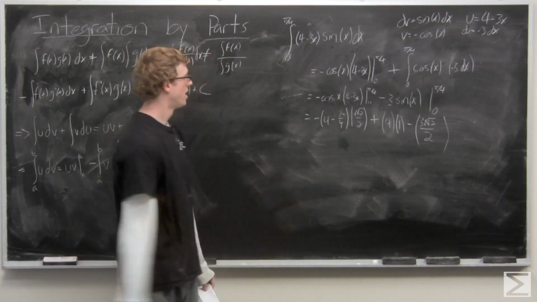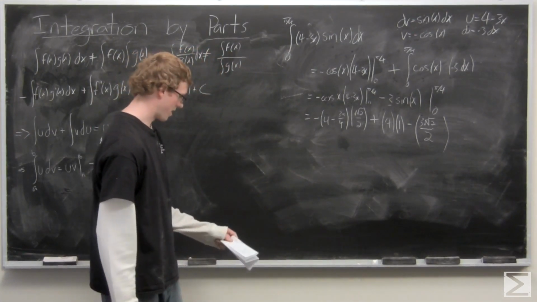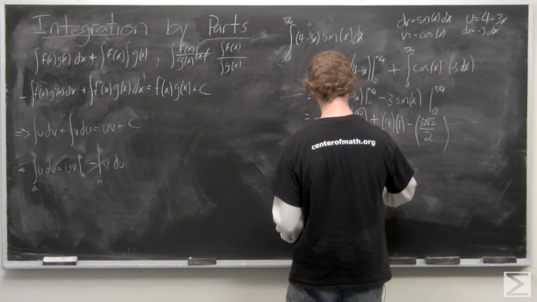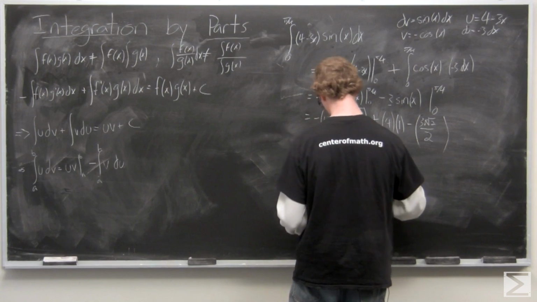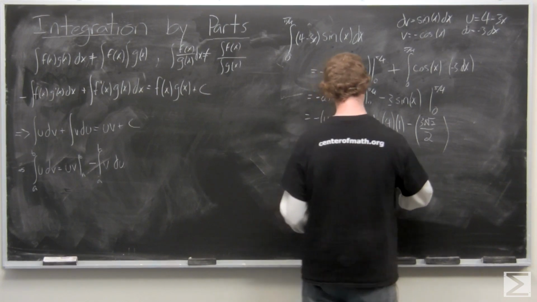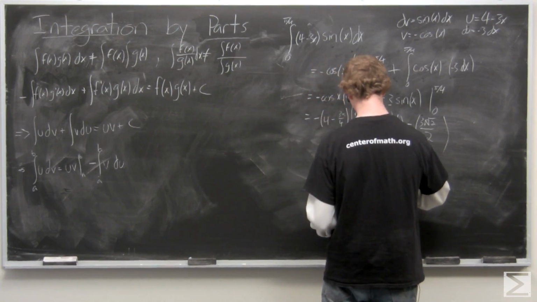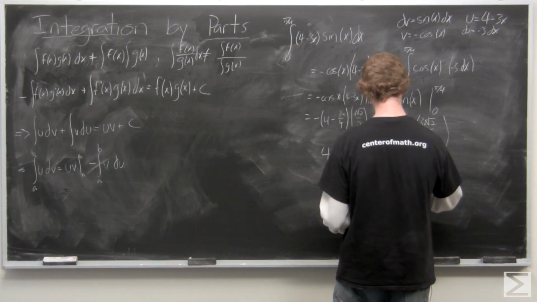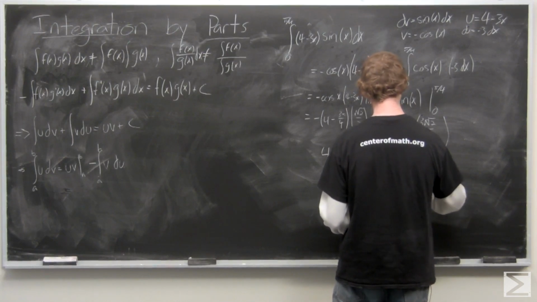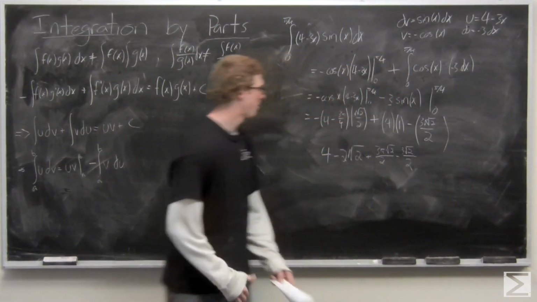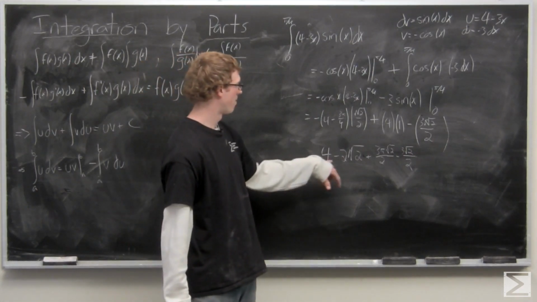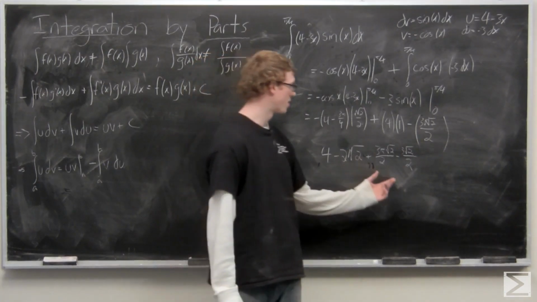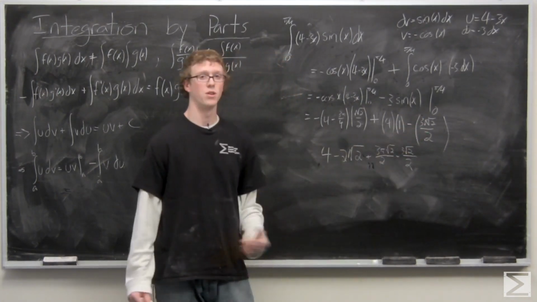And all we need to do is evaluate this, and we get our final answer. Now you could simplify this a little further, but it's 4 minus 2 square roots of 2 plus 3 pi square roots of 2 over 2 minus 3 rad 2 over 2.